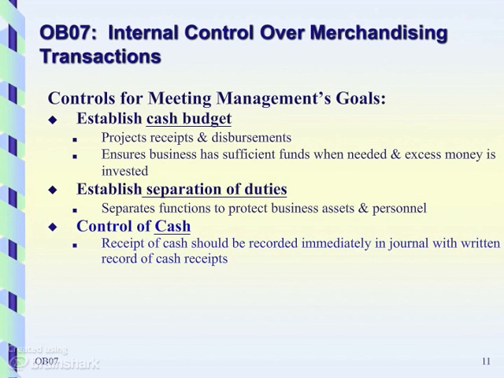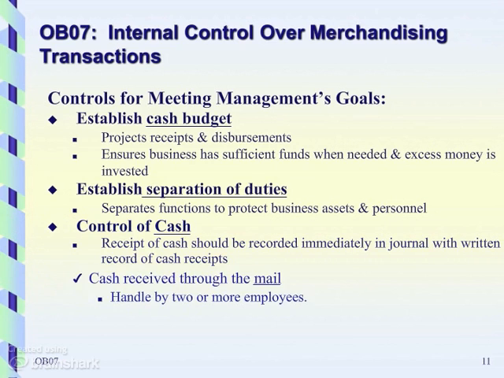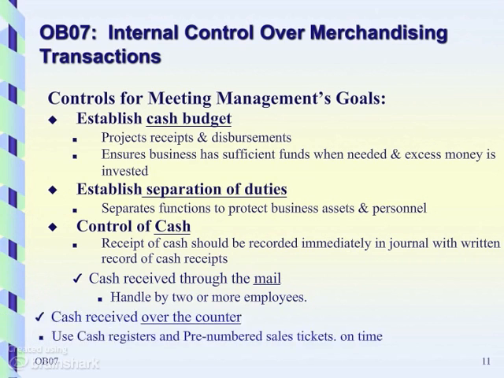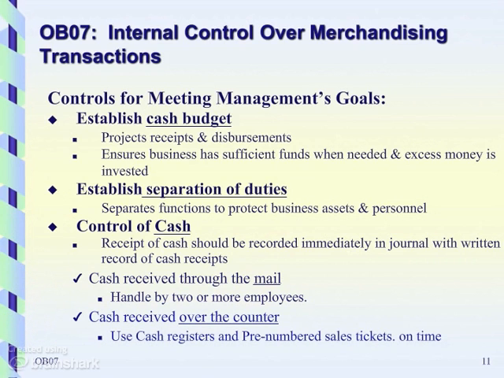Lastly, they should control cash. Receipts of cash should be recorded immediately in the journal with written records of cash receipts. Cash received through the mail should be handled by at least 2 employees. Again, going back to that separation of duties. And then lastly, cash received over the counter should be used or recorded through a cash register with pre-numbered sales tickets and transactions handled on time.